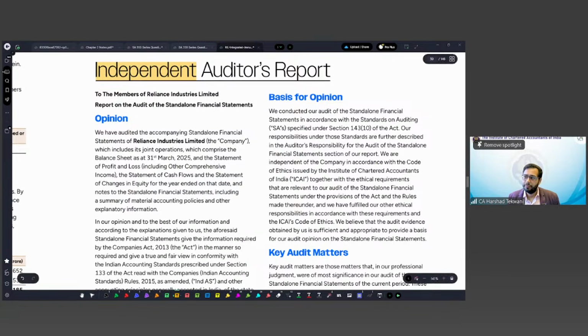SA 700. Very good, Geet. Anyone else where we have gone through this term? Sir, forming an opinion on the independent auditor report is SA 700. No. Whatever we have discussed till now.